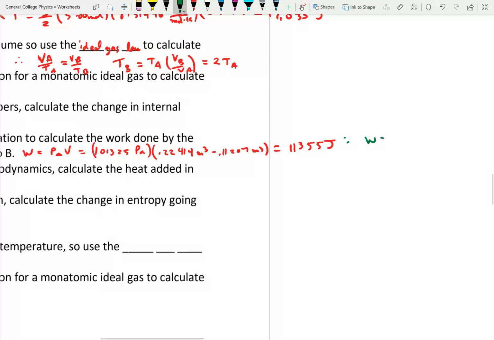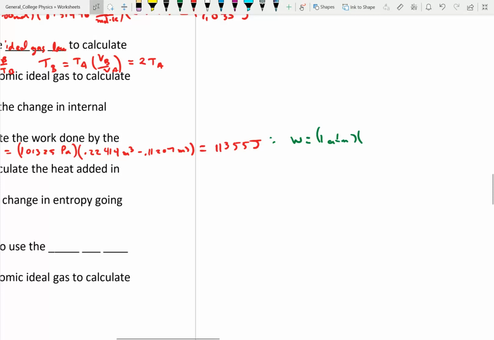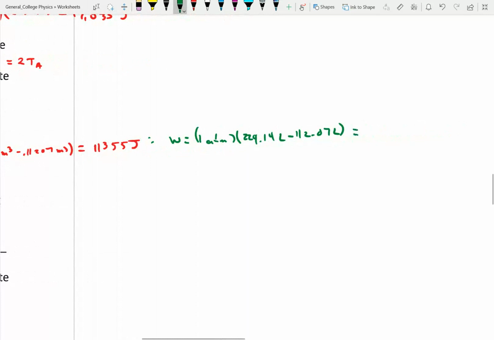Another way that you could have done the work, I'll change color for this, would have been to use 1 atmosphere times my change in volume in liters, 224.14 liters minus 112.07 liters. And that's going to give you a number in units of atmospheres times liters.